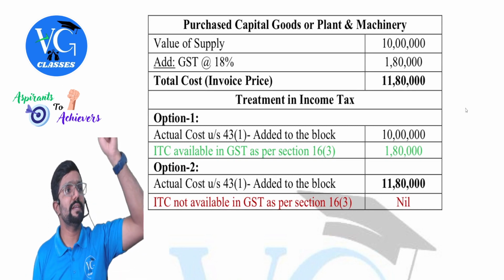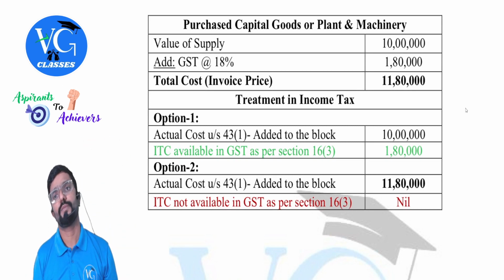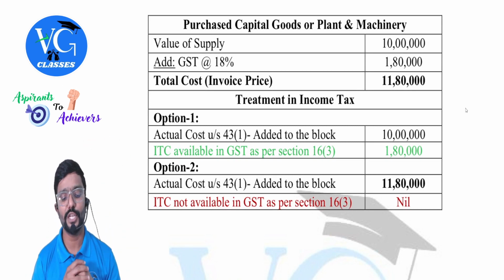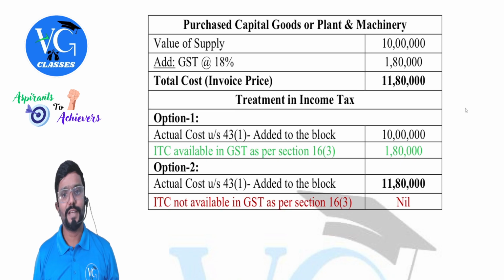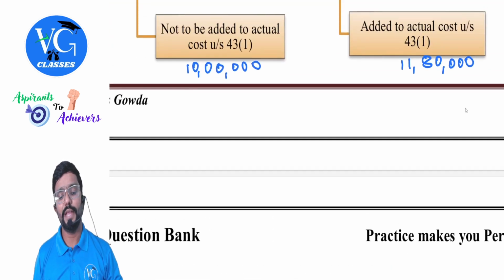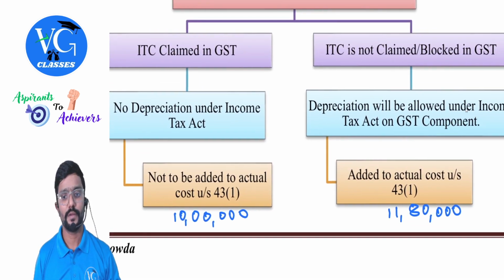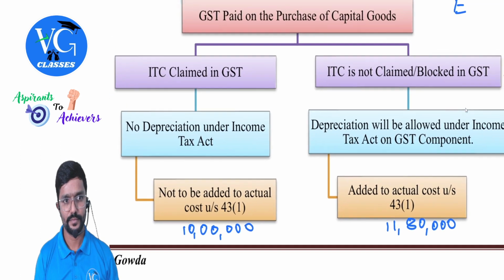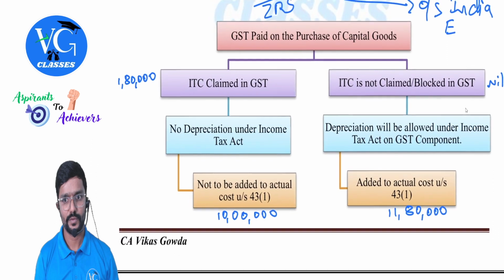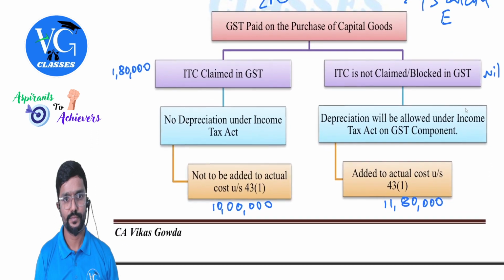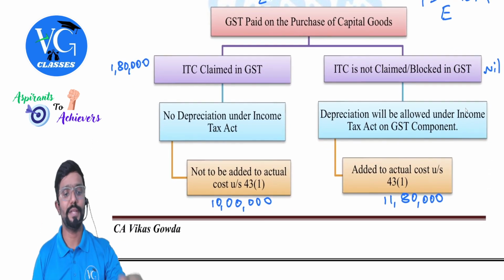You can give a heading, section 16, subsection 3, and take down this. First this one, and next this one.